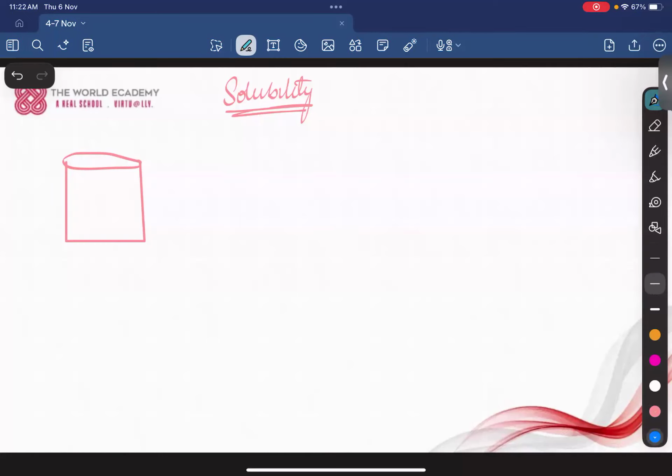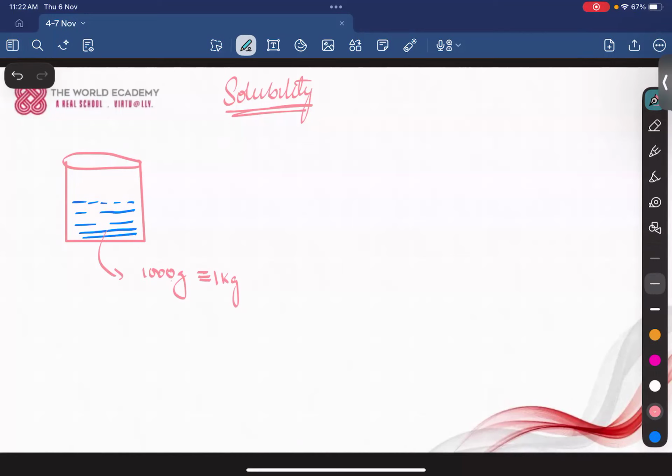No. This is water. We have filled this jar with water, but the water is already measured. The water is 1000 gram, or you can say 1 kg. It is equivalent to 1 kg, right?